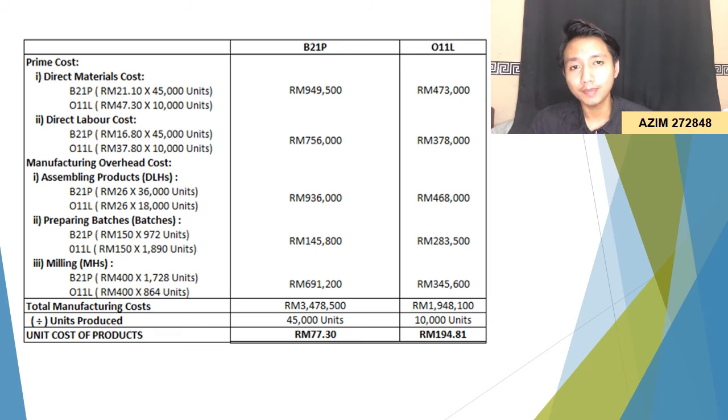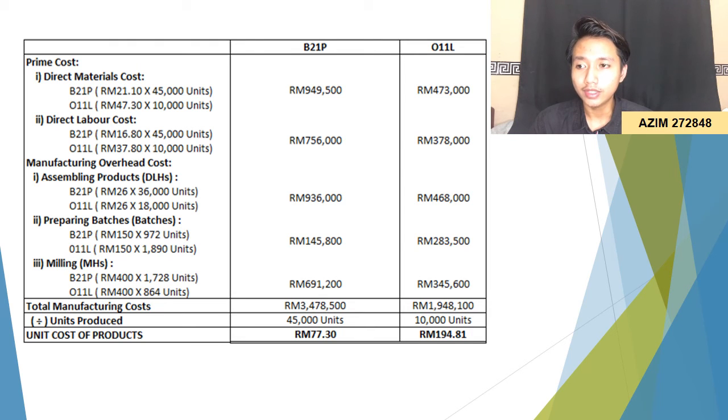Let's go to the last part, which is to calculate the unit cost of product. Like I said earlier, the prime cost, which is the direct material cost and the direct labor cost, is still the same. But the difference is the manufacturing overhead cost. Let's go through one by one. For the assembling products, for the job B21P, the POR that we just calculated earlier is 26 ringgit.